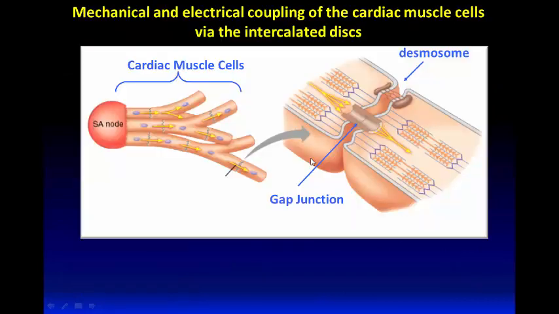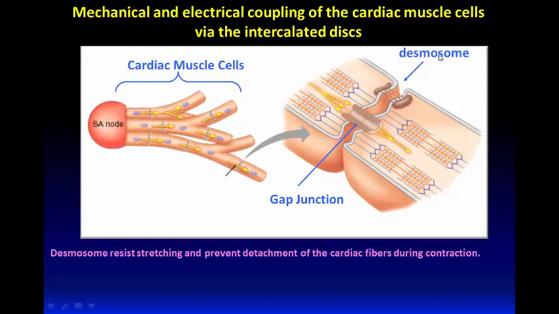So how do the intercalated discs provide mechanical and electrical coupling of the cardiac muscle cells? This is a cardiac muscle fiber, this is another fiber, this is an intercalated disc, and this is another fiber which branches. These are intercalated discs. Let's take this intercalated disc and magnify it and see what we have in the intercalated discs.